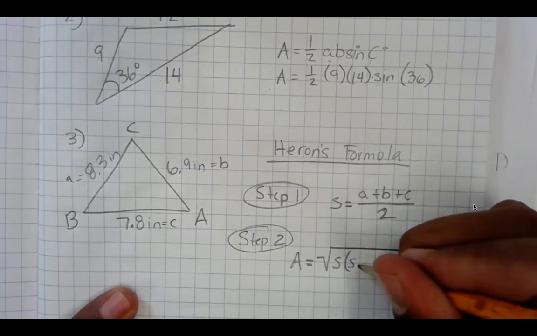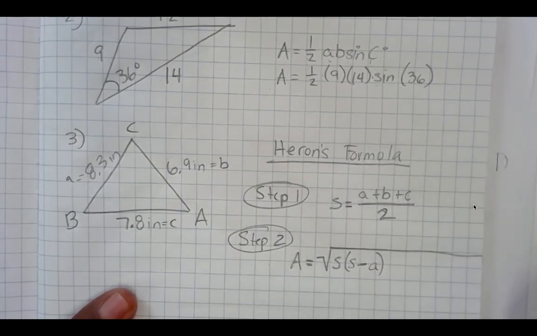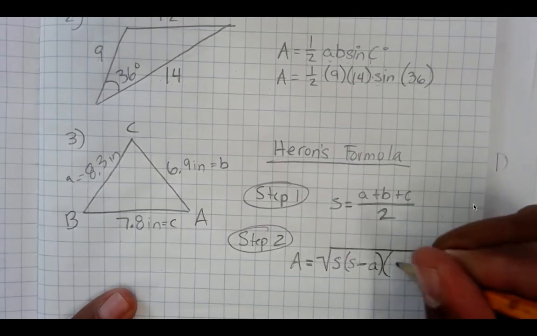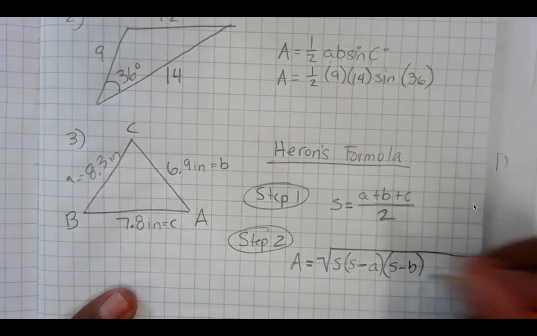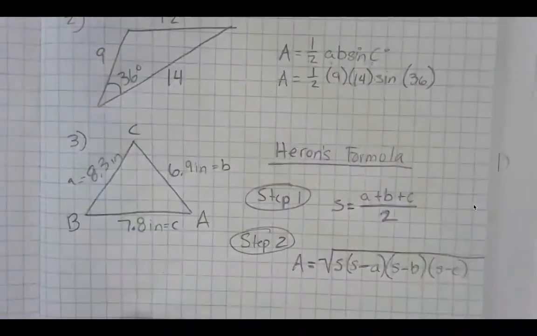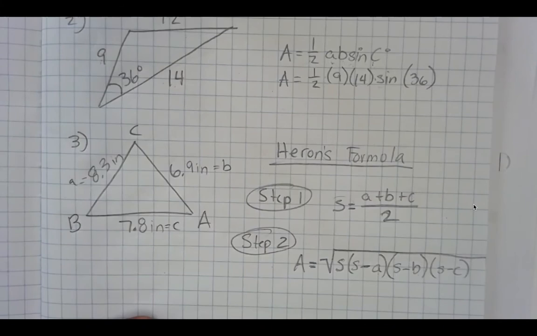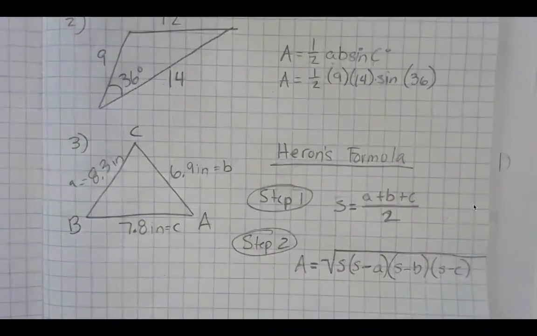The first parentheses is S, the S value, minus the first side, or A, times S minus the second side, times S minus the third side. You plug in the S and the sides A, B, and C, and then you just calculate that. You can type all that in Desmos, or you can do that in a normal calculator too.